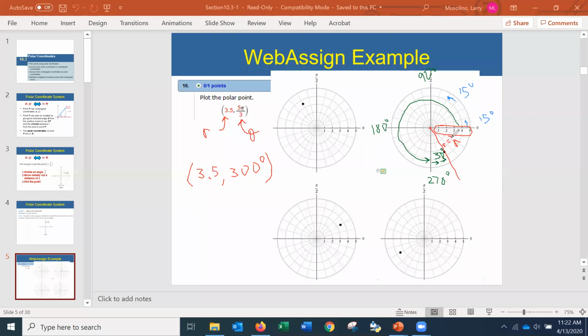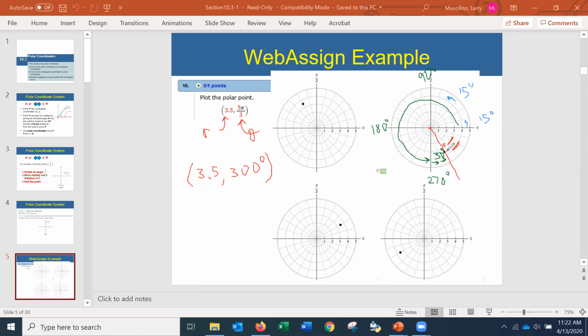Let me erase this here to make it a little easier to see what I'm drawing. So this R here is R equal 3, and this circle is R equal 4. So this black dot is a distance halfway between to give us the R value of 3.5.